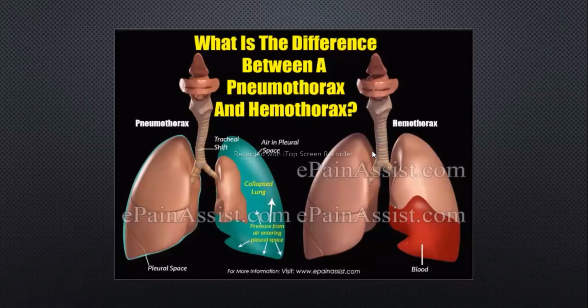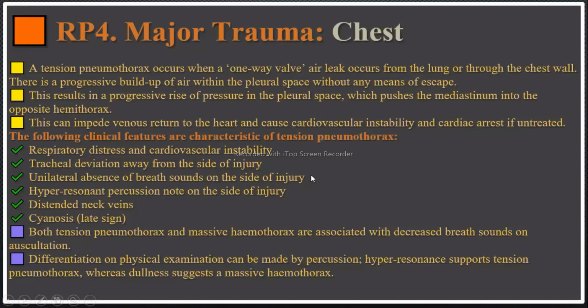So the most important in chest injuries are tension pneumothorax and massive hemothorax. How do you differentiate between them, guys? Percussion, excellent. So we already discussed this.